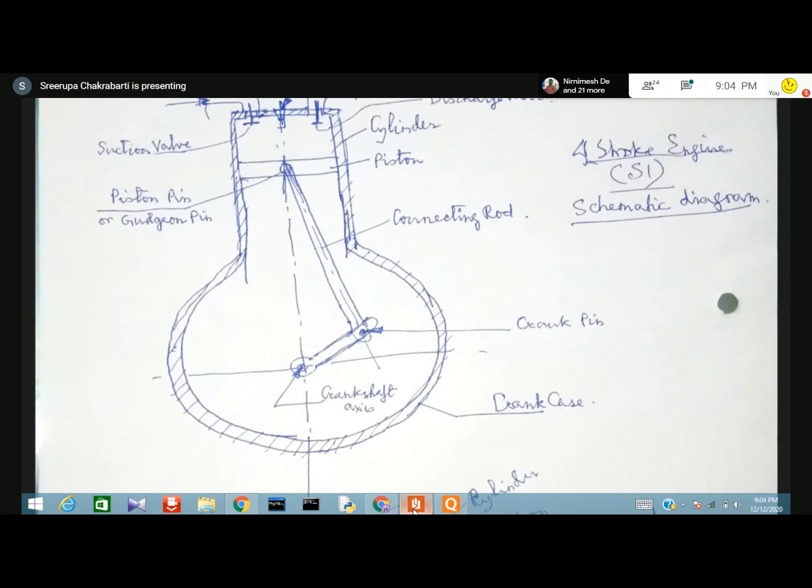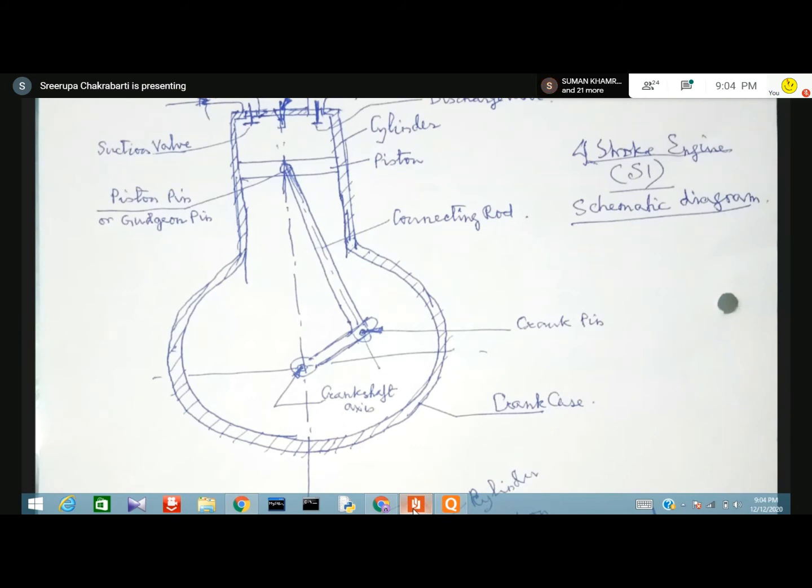All operations, there are 4 movements of the piston in one cycle, 4 journeys. So 4 journeys is going to take 0.04 seconds. 0.04 seconds should be the time to complete one complete cycle.